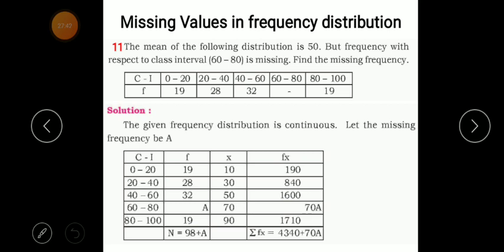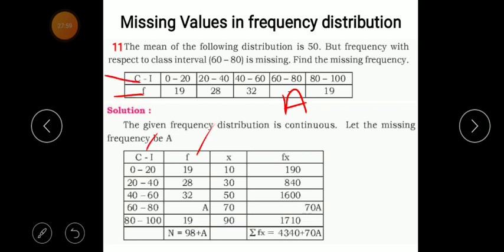Everything is the same, only you have to change a little bit, because here you do not know the value of x. The frequency given for the class 60 to 80 is missing. Suppose this is a. I'm just noting down class intervals and frequency.